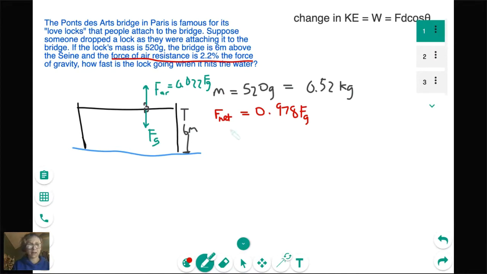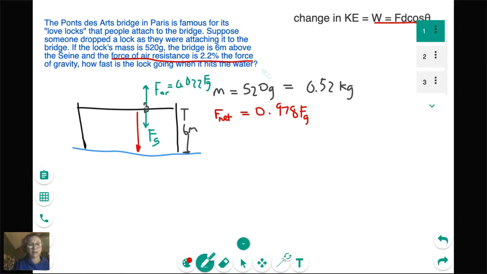And so then I can do work. Work is force times distance times the cosine of theta. So in this problem, it's going to fall straight down, and the net force is also acting straight down. And so they are completely parallel to each other.